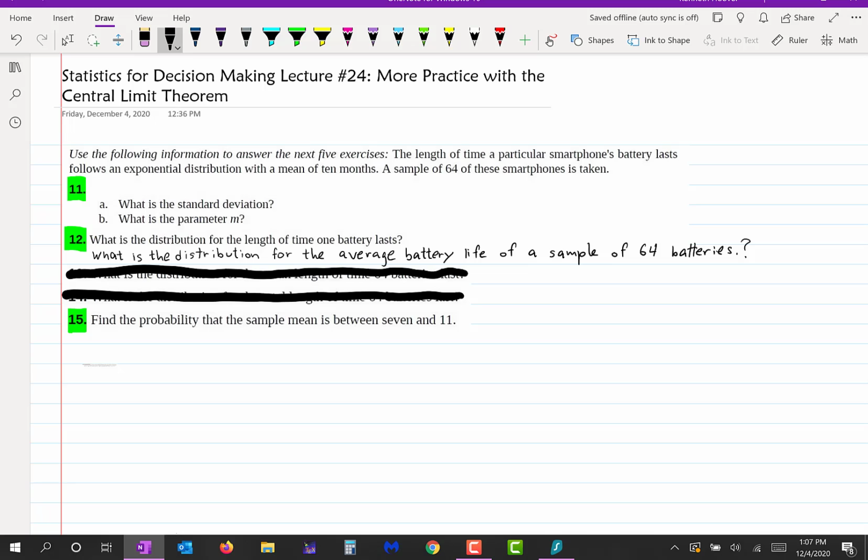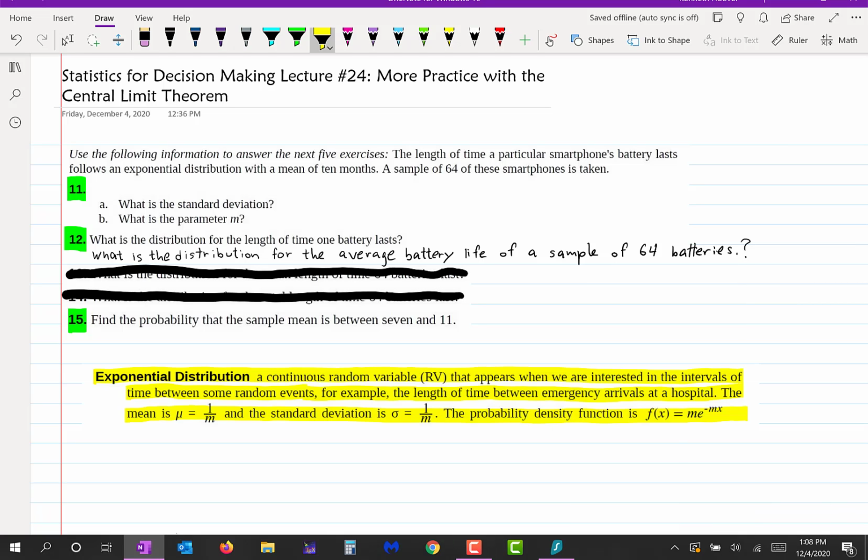In order to do that, you have to go back and review lecture 20. And in lecture 20, we had some information about exponential distributions. Let me remind you about that information. Here's a quick reminder.